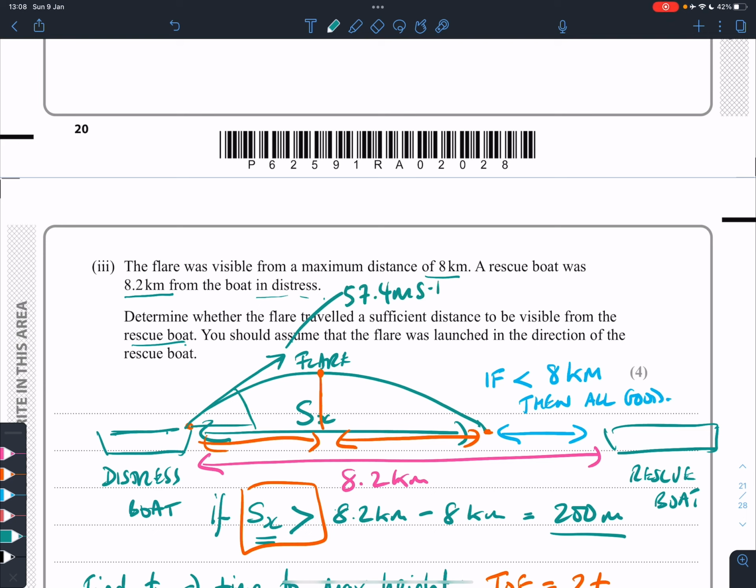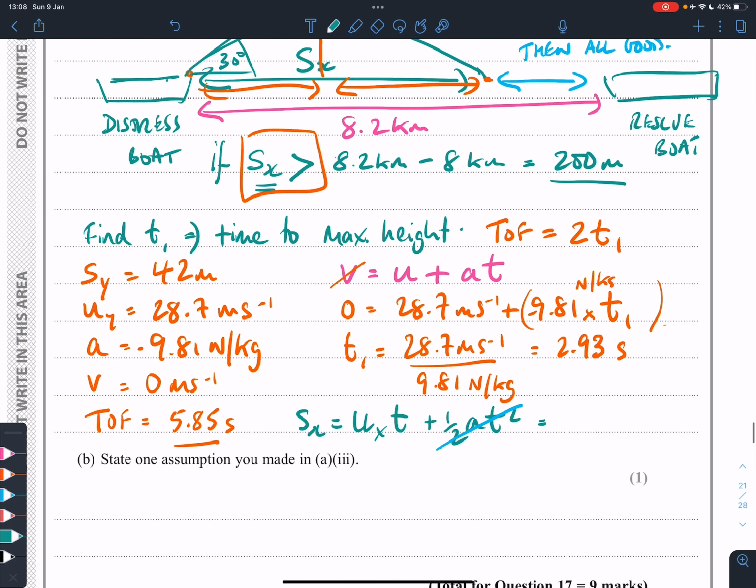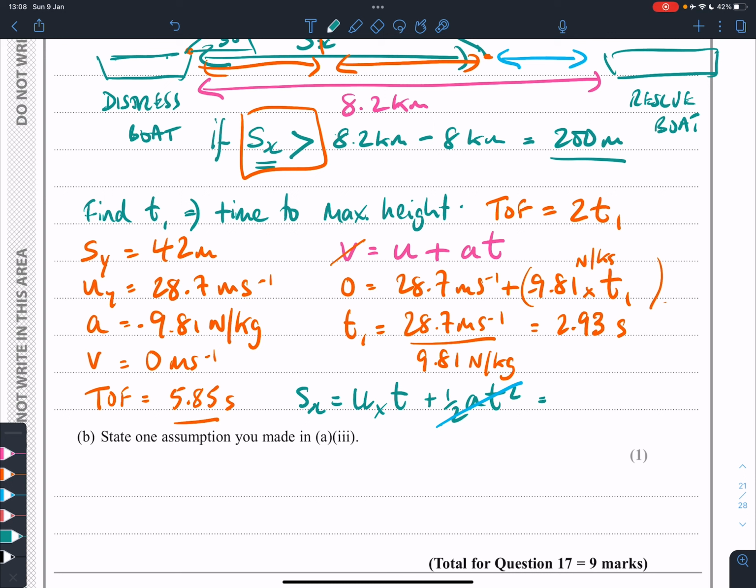And the angle is 30 degrees, so it's cos 30 degrees. So that equals 57.4 meters per second, cos 30 degrees, times 5.85 seconds. So we're going to do cos 30 times 57.4 times 5.85.